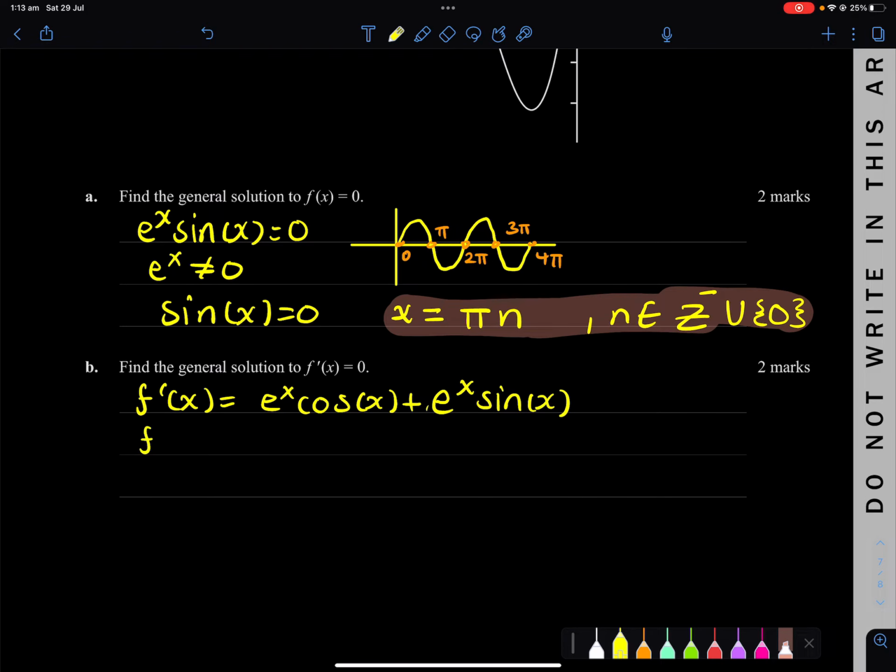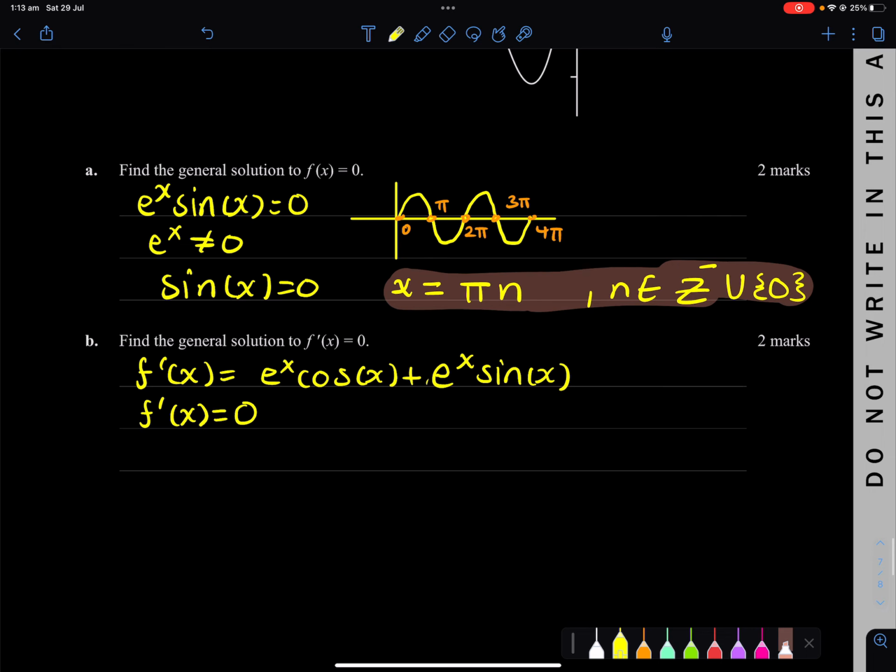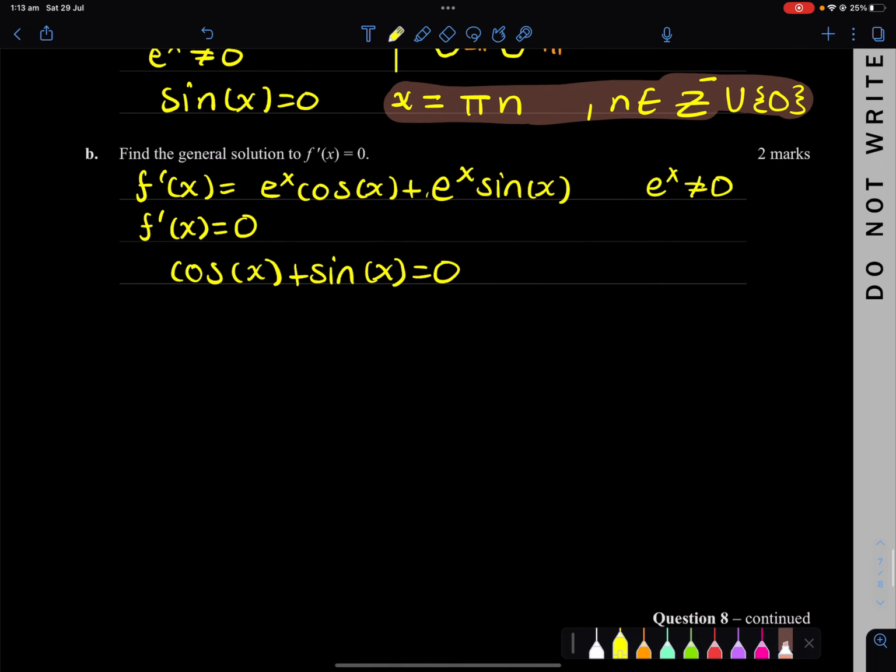Now if we want f dash of x to equal 0, the e to the x can factor out, but it still can't be equal to 0. So we want to solve for cos x plus sine x equals 0.